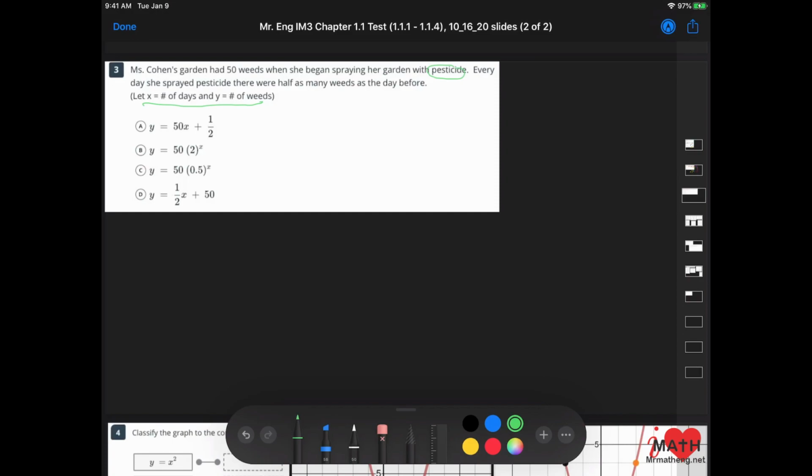This tells us X represents the number of days and Y is the number of weeds.